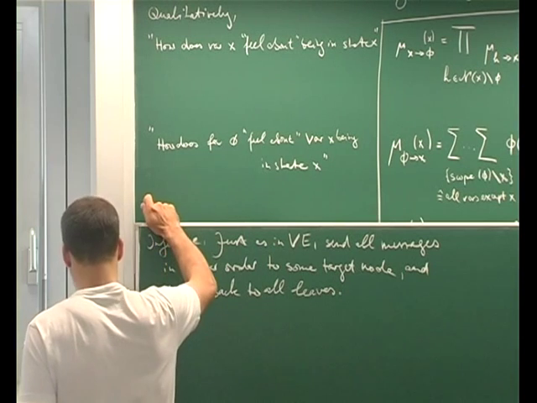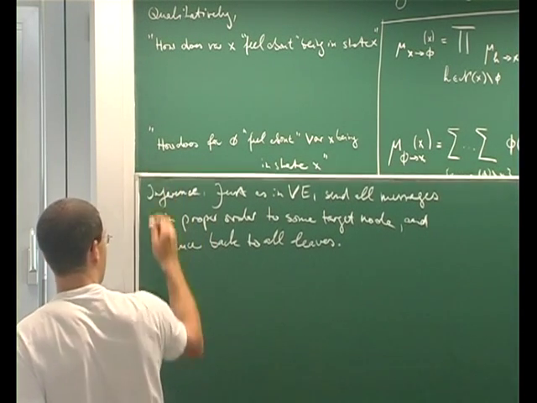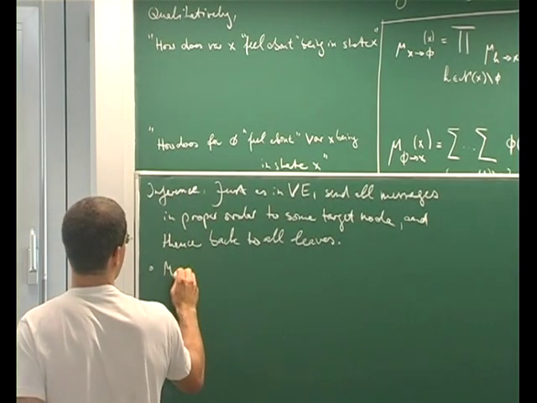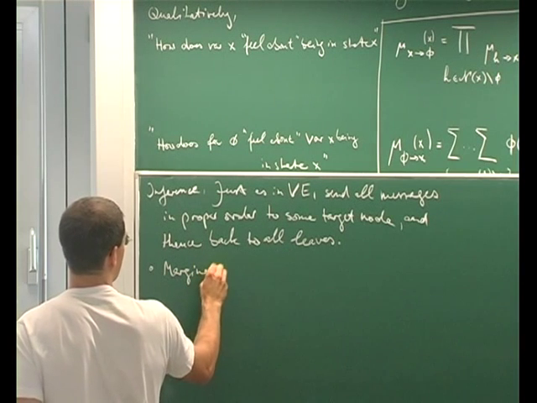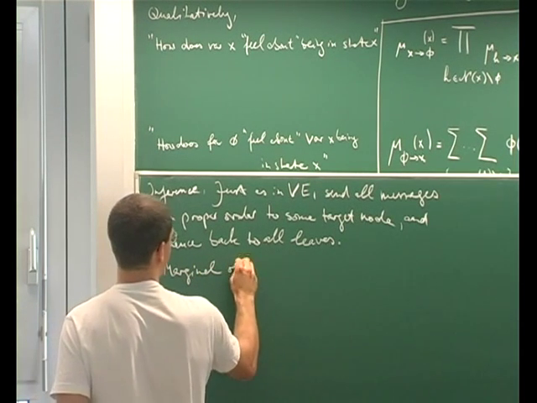The marginal of any variable is then given by the product of the incoming messages.